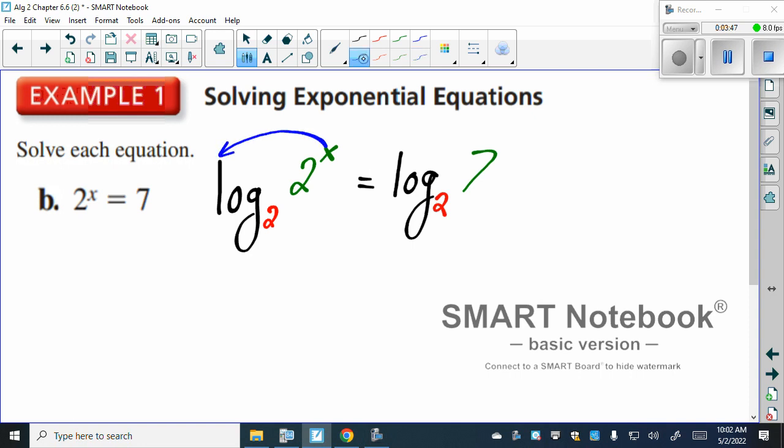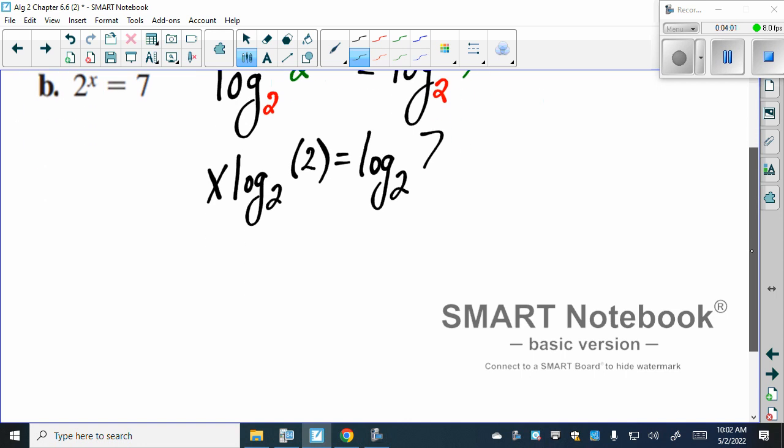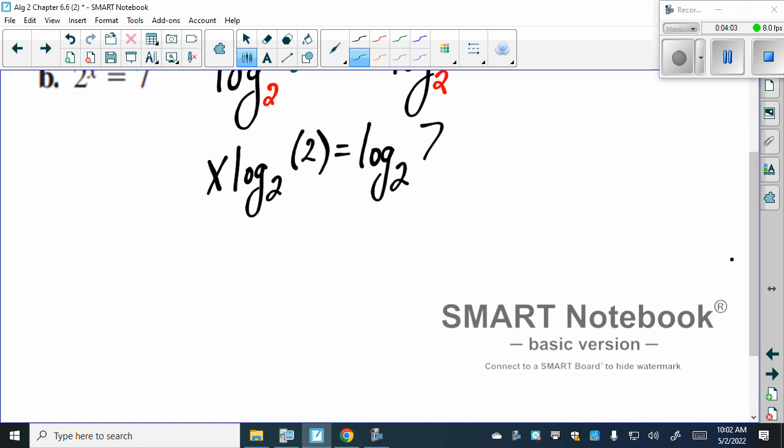Now at this point, we can move the x out front, telling us that we have x log base 2 of 2 is equal to log base 2 of 7. Now log base 2 of 2 would simplify to what? Well, 1. Whenever the base and what's inside are the same, this simplifies to 1, which really just leaves us with x.